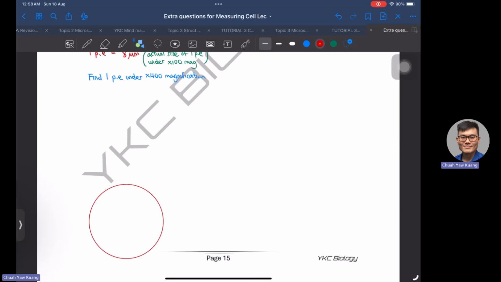For the eyepiece reticule, their size is always the same, regardless of the magnification. So the image size of this eyepiece reticule is always the same, no matter what the magnification. Let's say the red color one is the eyepiece reticule. Let's say we have a few lines here, or maybe I make it larger.